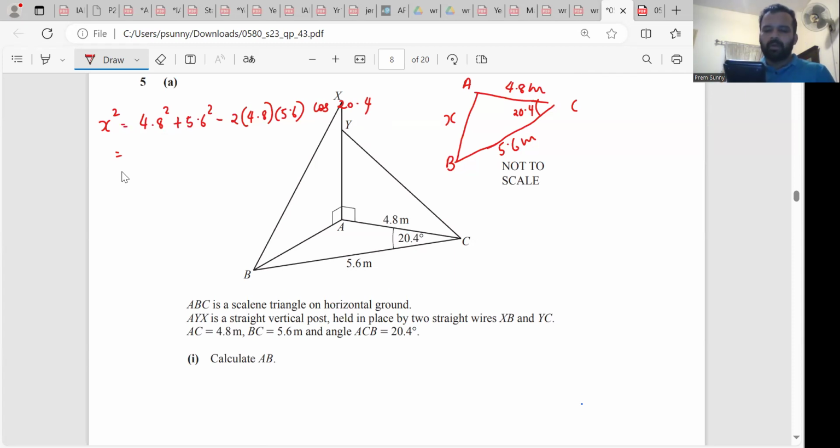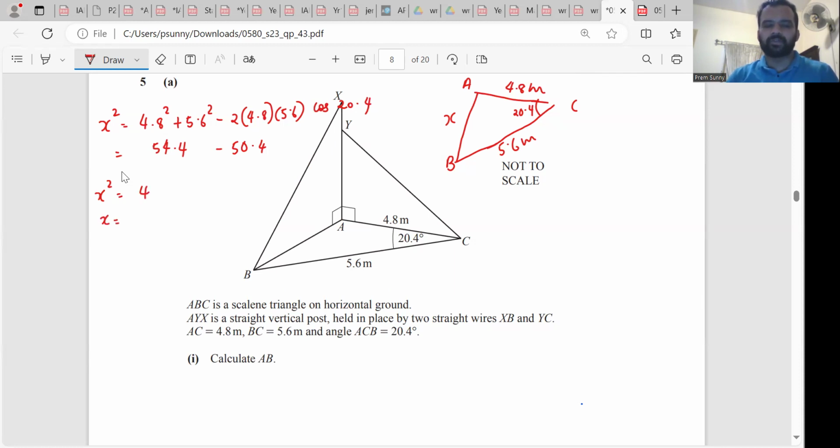It gives me 50.4, so minus 50.4 is what I got here. 4.8 squared plus 5.6 squared will give me 54.4. Now x squared is equal to 54.4 minus 50.4, which is 4.